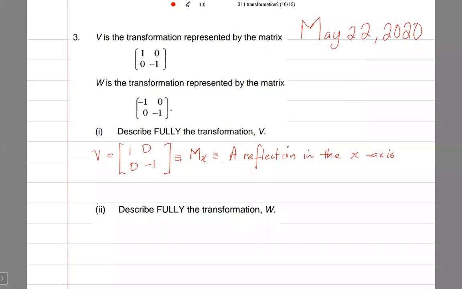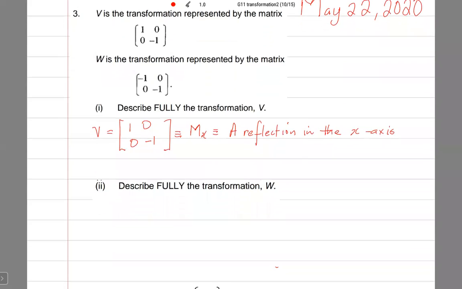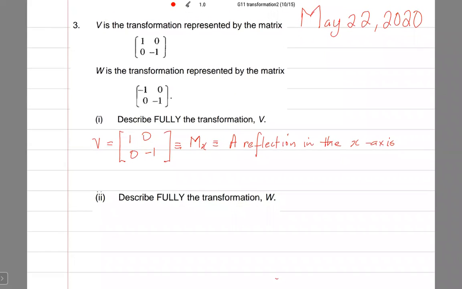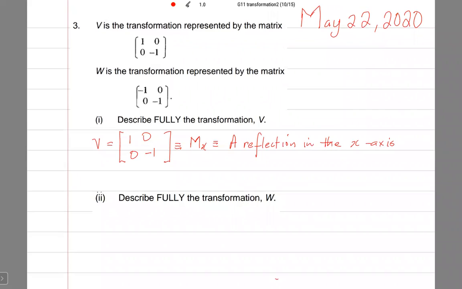All right. Now, next thing we're asked is to describe fully the transformation W. Now, W is the transformation, the 2 by 2 matrix minus 1, 0, 0, minus 1. What this matrix does to a point is it changes the sign of both the x coordinate and the y coordinate.